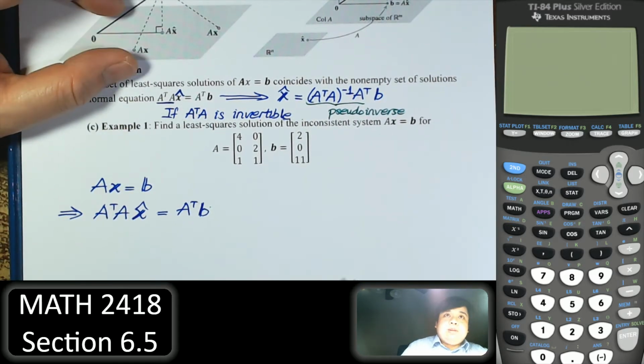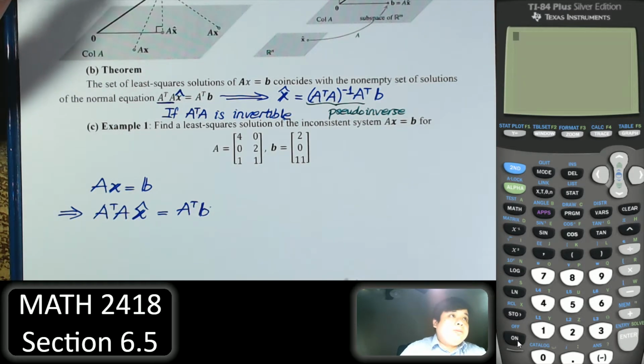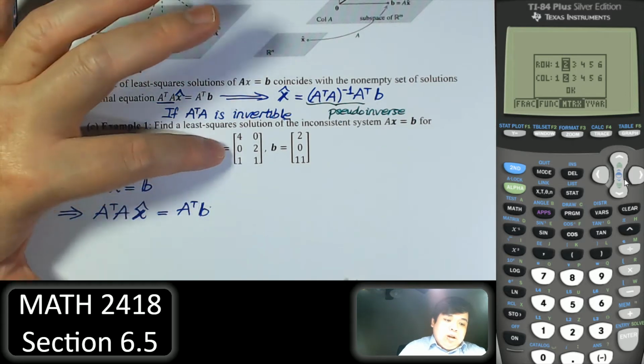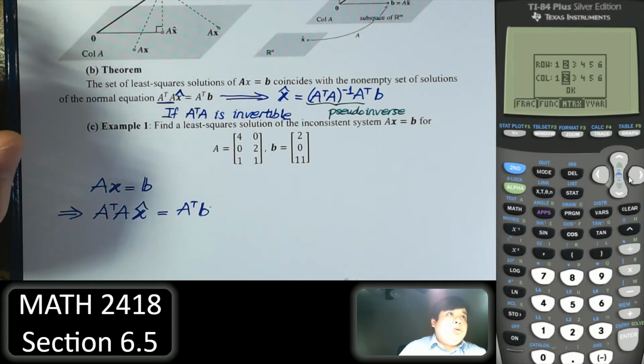Right, so let's do that. I enter the matrix A, 3 rows, 2 columns.